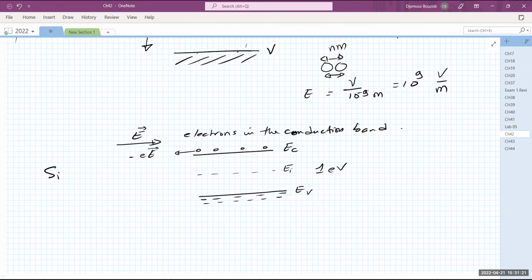So that will give some electricity, but not much really for pure silicon by itself. So it's still behaving for the most part as an insulator, but it's a lot better than a normal insulator, okay?